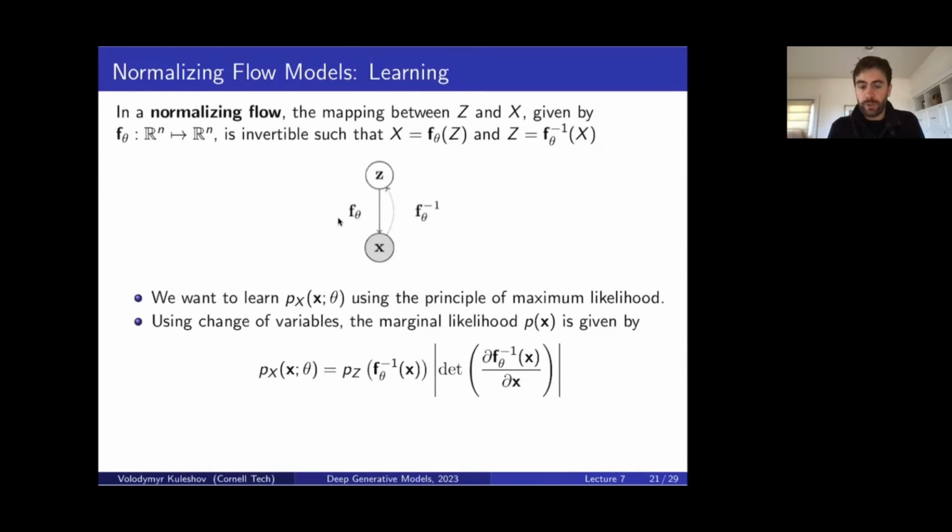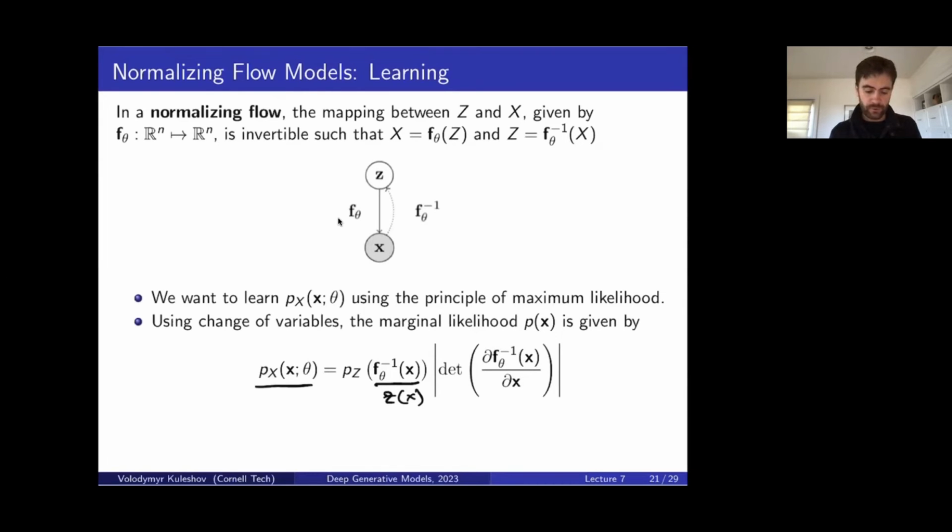In particular, the formula for P of X is simply the result of the change of variables formula. So the density of X is given to us by the density of the inverse of X. You can think of this as Z of X. That is the Z that uniquely maps to X, because F is invertible.